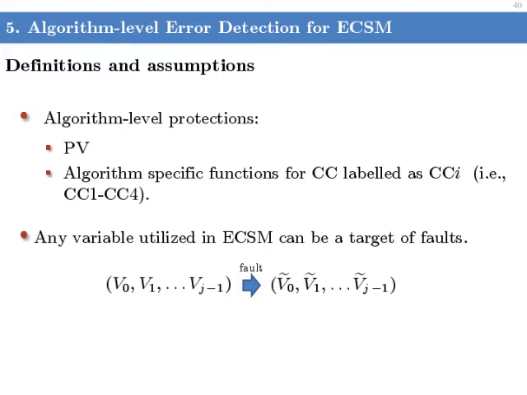Those are solutions at high level. But what about if we go inside the algorithm? For example, here we can add solutions inside the algorithms. One protection that we can add is point verification, of course.